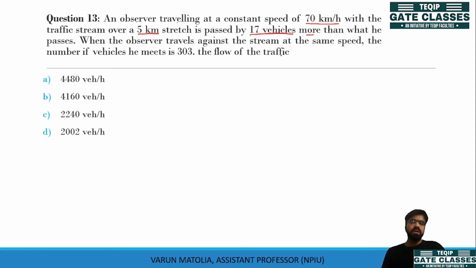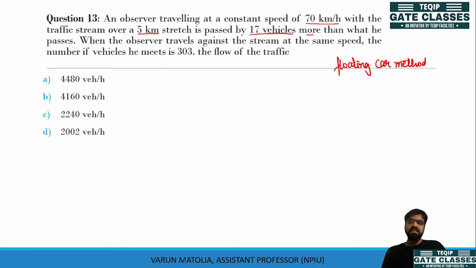Reading the question, this seems to be the floating car method, in which the observer notes the number of vehicles overtaken by the test vehicle and the number of vehicles overtaking the test vehicle. So the first line itself tells us about the passing vehicles and the vehicles the test vehicle is passing.